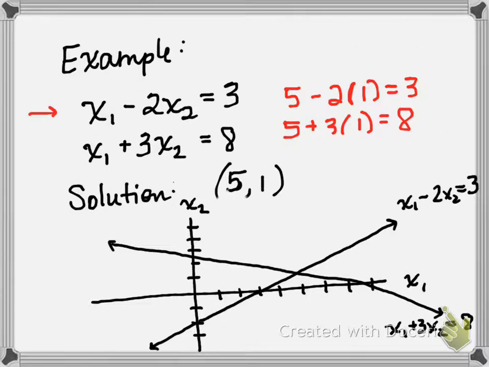Every point on that line is a solution to the equation, and every solution to the equation is a point on that line. So notice I want to have a solution to both equations at the same time. That means it needs to be a point on both lines at the same time, and there is one of those, and it is the point 5, 1. This is going to carry over into more dimensions when we get into more variables, but we will always want to keep this in mind.